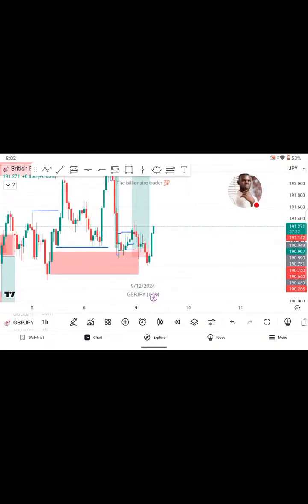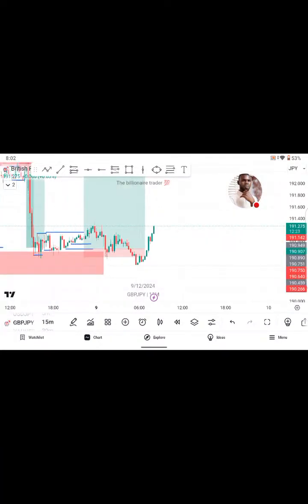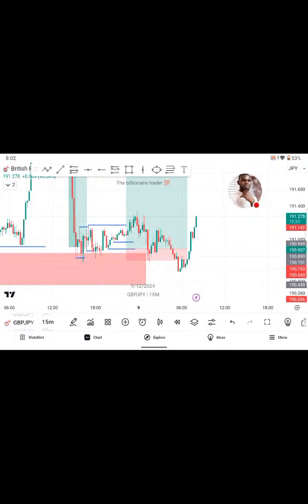Let me go to the 15-minute time frame. On the 15-minute time frame, I saw this stop loss on break of structure, return to order block, and that happened on Friday, so I was expecting that today price should pick the entry from that area, like it should respect this low.